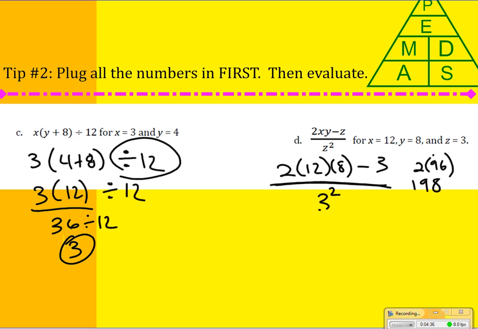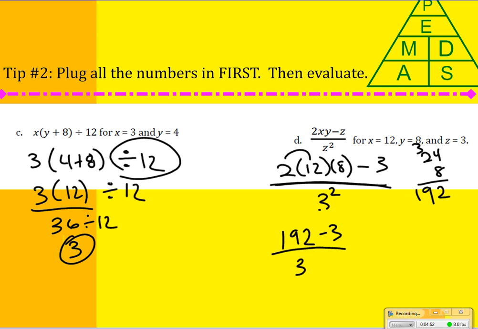No. Sorry, let's just go simple. 2 times 12 is 24. 24 times 8 is going to be 32. 8 times 2 is 16. 192. 192, that makes way more sense. So you're going to go 192 minus 3 all over 3 squared. 3 squared is an exponent, so I can really just say that's 9. 192 minus 3 is going to give me 189, divided by 9, which will give me 21 for a simplified answer.